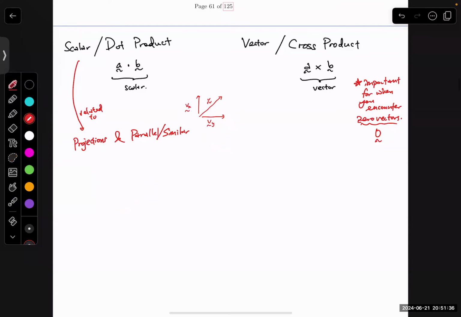The concept of vectors being similar can be explained by just drawing two arrows. Let's say I have this arrow and, maybe I use a different color, this arrow versus maybe this arrow.